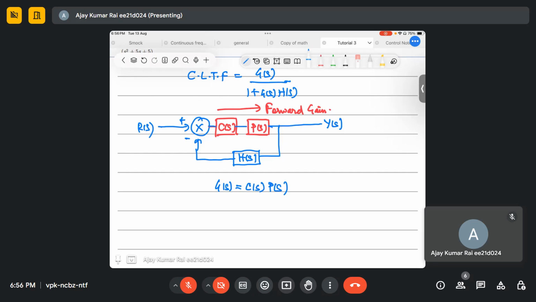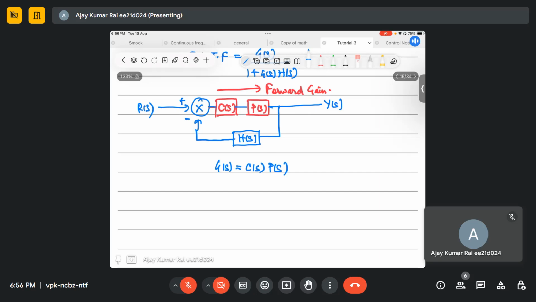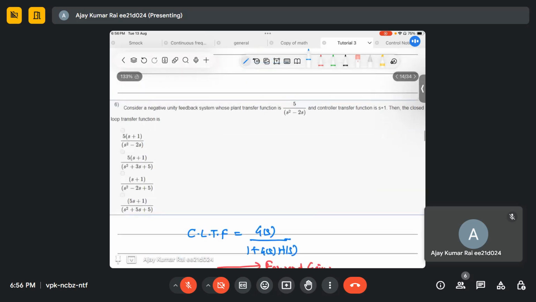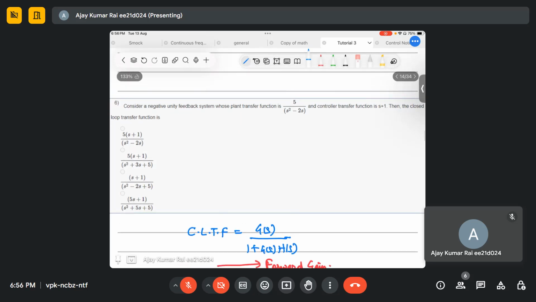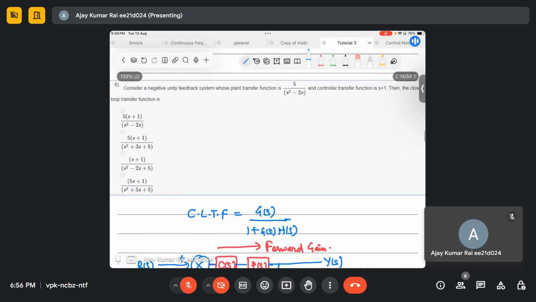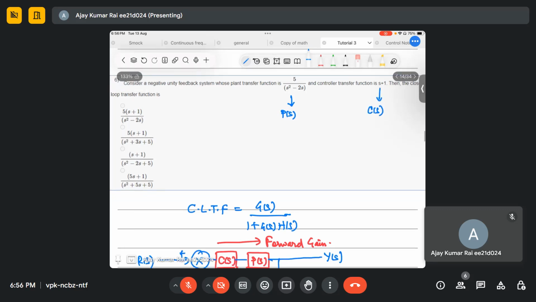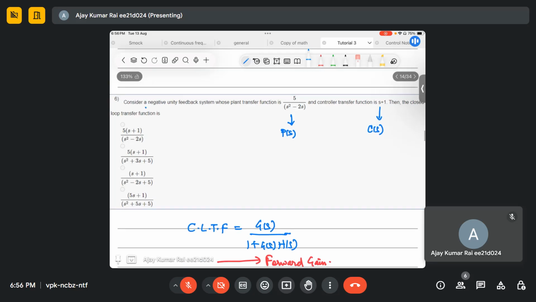So I've written G(s) equal to C(s) into P(s). Then the closed loop transfer function. So what is given? P(s) is given and the controller transfer function C(s) is given, and negative unity feedback.